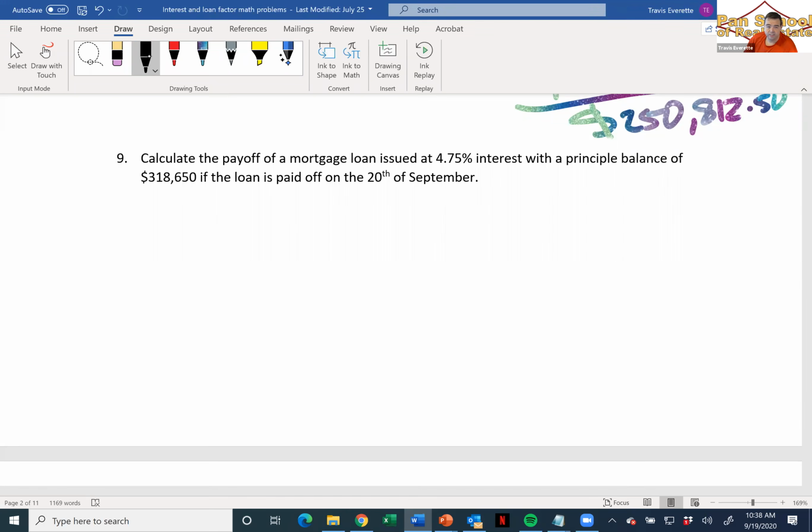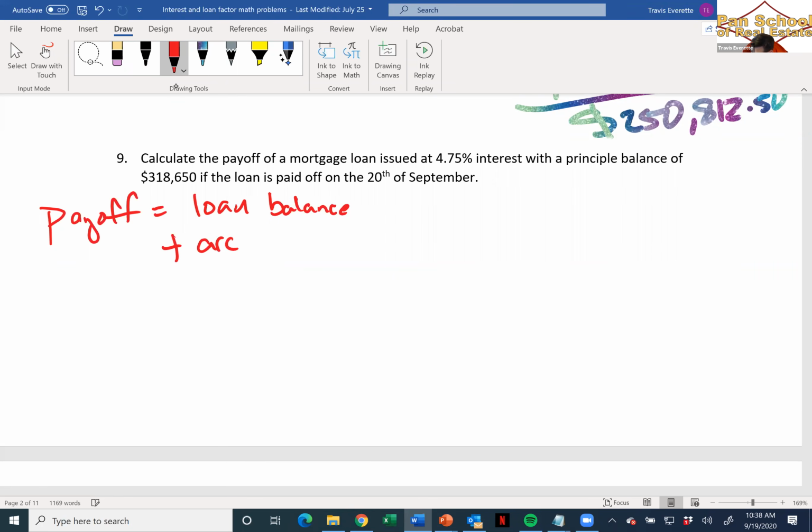This is really just combining everything that we just did, because we know the payoff of any loan is always going to be the loan balance plus any accrued interest. Does that make sense for everybody? A payoff is just whatever the balance was of the loan as of the last payment, plus the interest that has accrued on that loan.